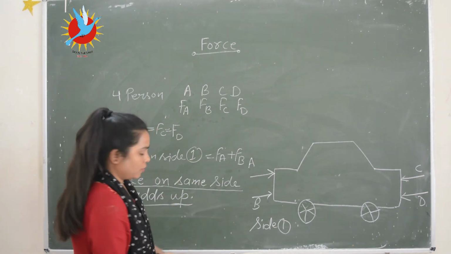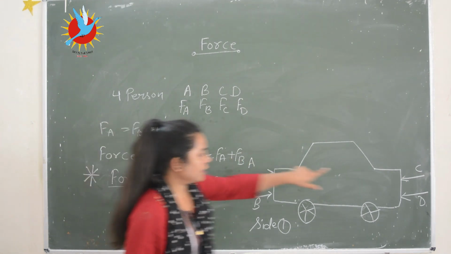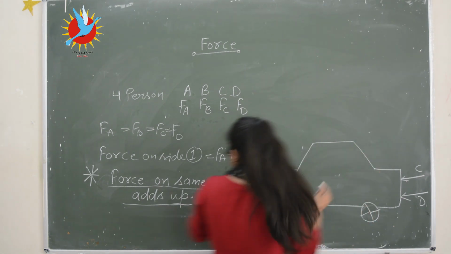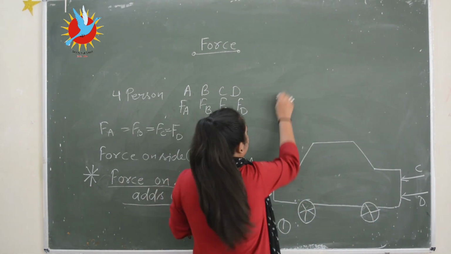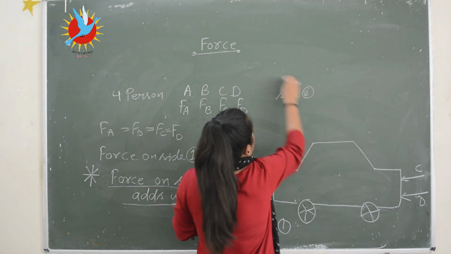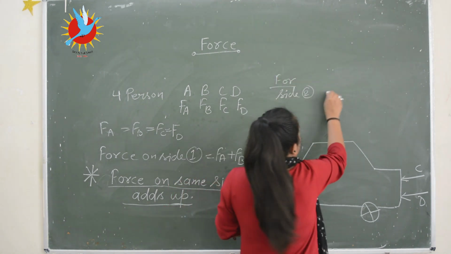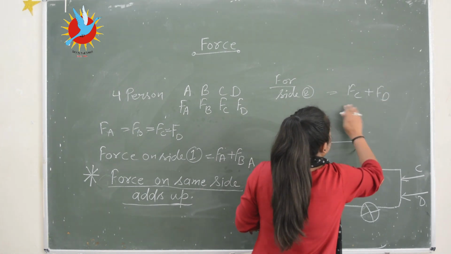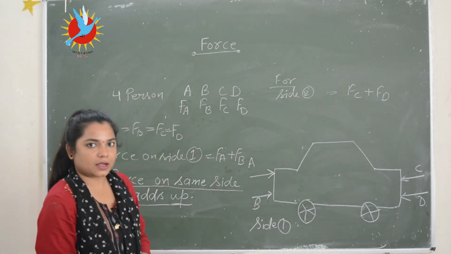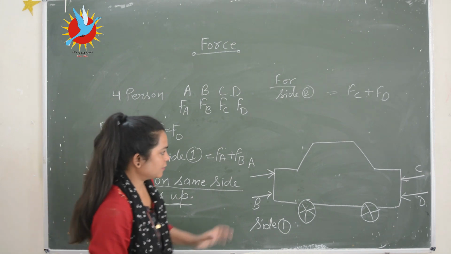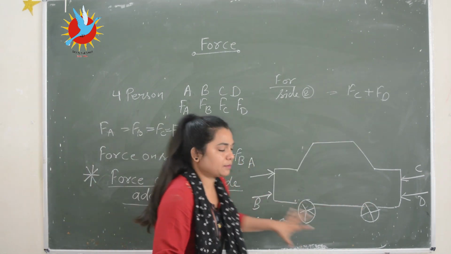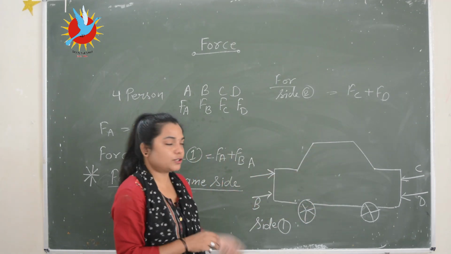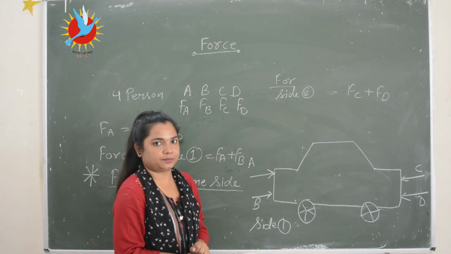Okay, now similarly with FC and FD, the force on side 2, I can write it here, side 2, FC plus FD. The total force is FC and FD. Now students, try to think, what is the total force being applied on this car?